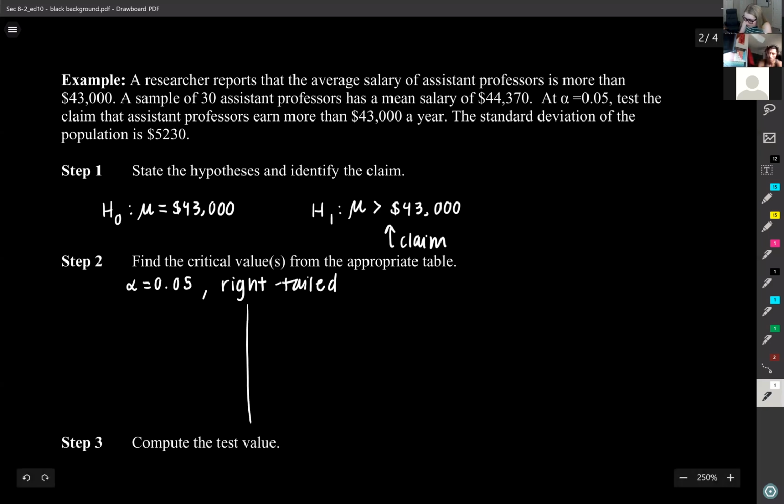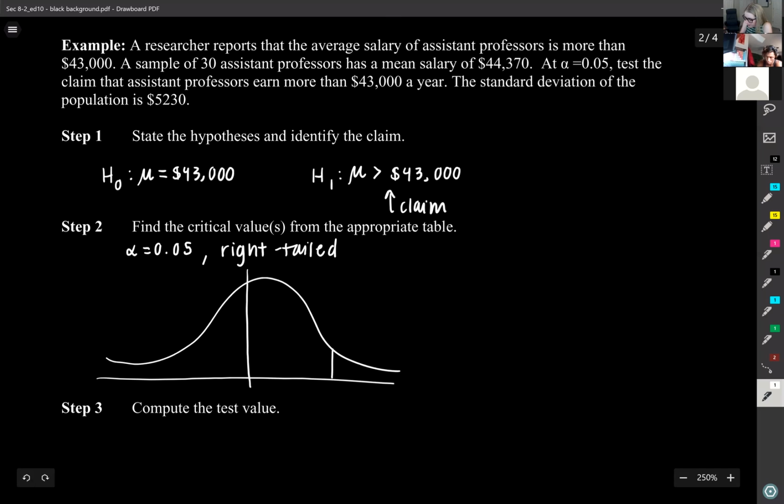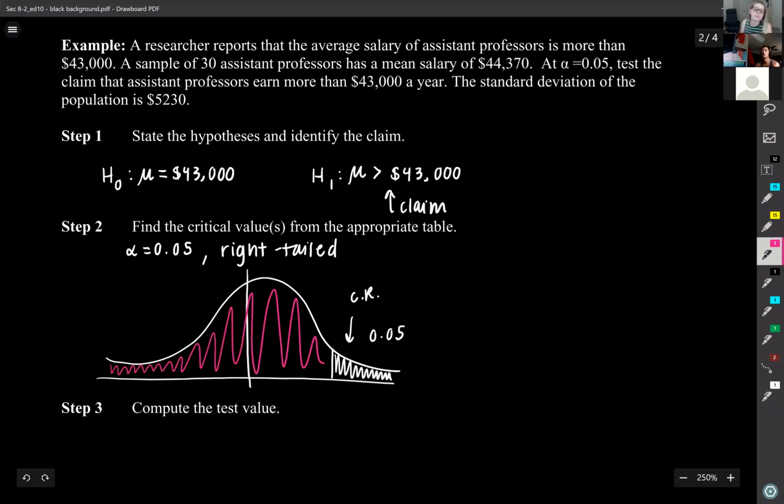So I'm going to draw this out. Okay, so we have a right-tailed test, so we know that we want this area here. This is our critical region, so we want this to have an area of 0.05. And then this is our non-critical region.